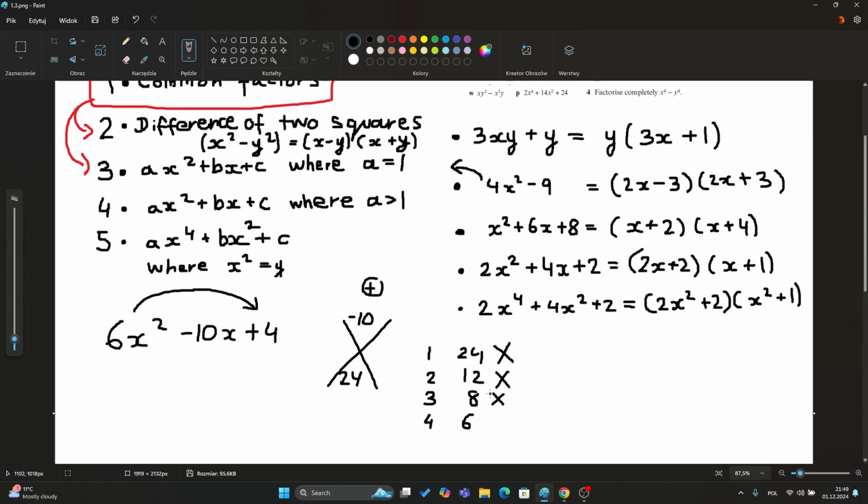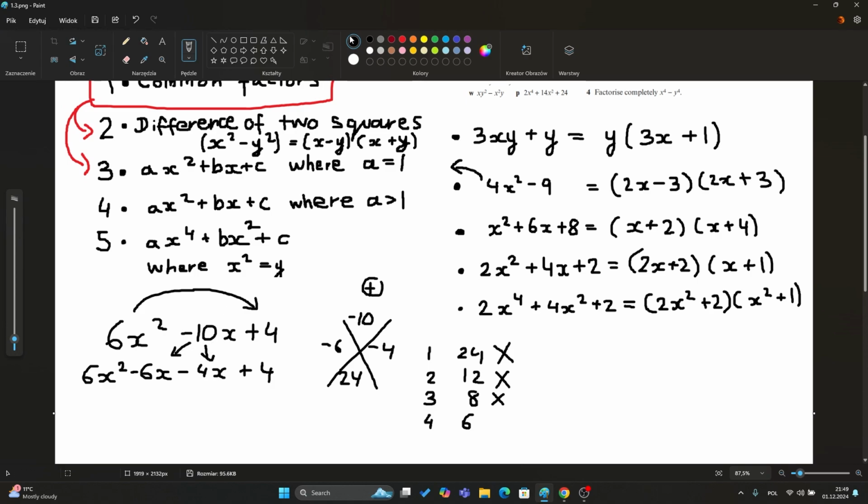So 4 and 6 must work, because minus 6 and minus 4 gives minus 10, and if we multiply minus 6 by minus 4, this gives us 24. So 6x squared minus 6x minus 4x plus 4. This gets split again.